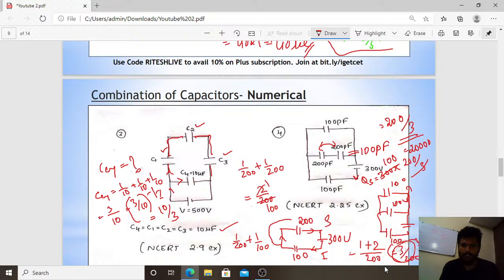QS value is 20,000 picocoulombs. Next, see how the distribution happens. When it goes here, these two are in parallel, but the current will be the same when they are in series. So divide that correctly, then you will get the answer.